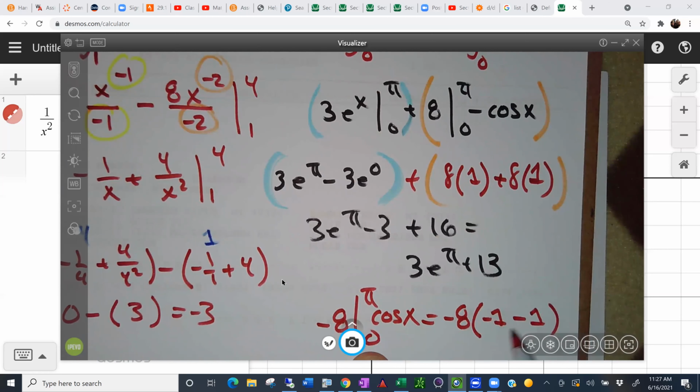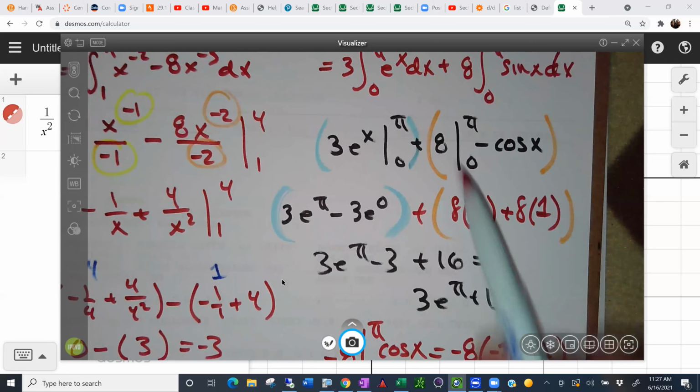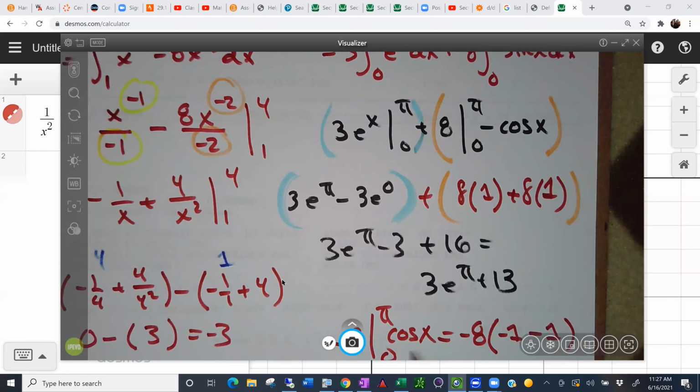So minus cosine of 0 is really minus 1 again. Negative 8 times negative 2 gives you the positive 16 that I got up here. So hopefully you feel a little bit more comfortable with that. And like I said, it's not a bad idea to factor out the 8 and just distribute it in at the end.